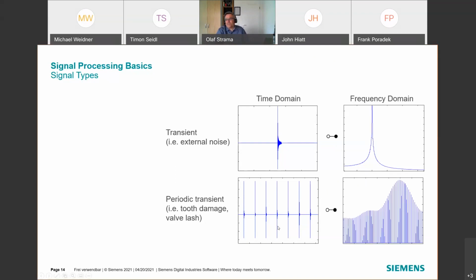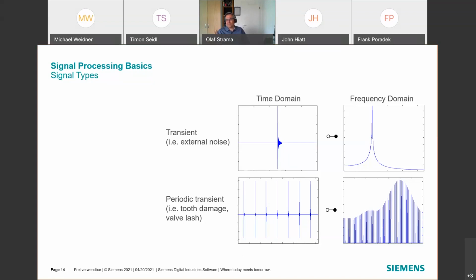If I transform this into frequency domain, then I see the resonance behavior of the device under test again, but I also see many, many lines. This is another FFT rule. If I have a series of transients in time domain, I will also see a series of transients in frequency domain, where the distance is one divided by the distance in time domain.